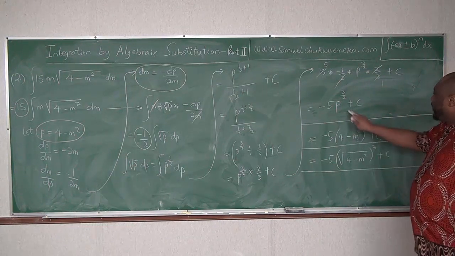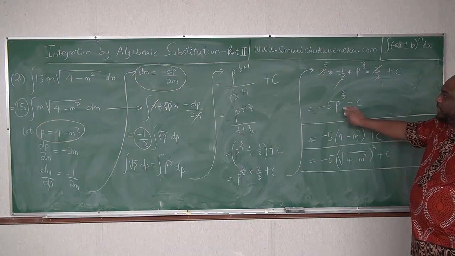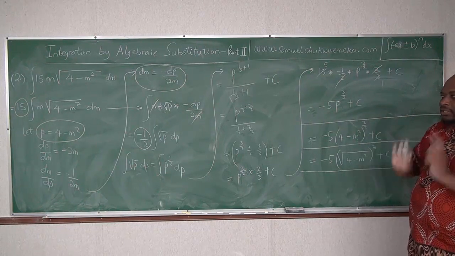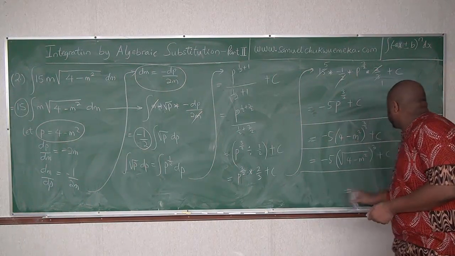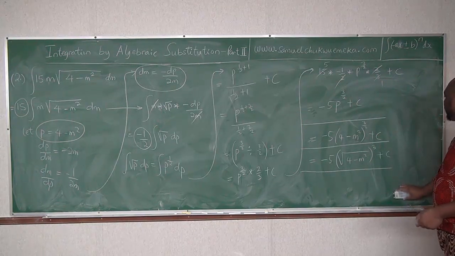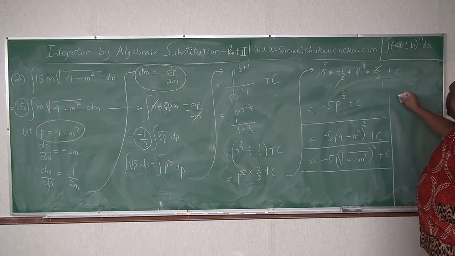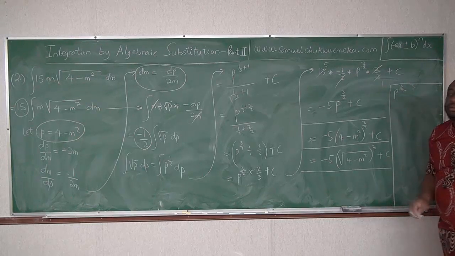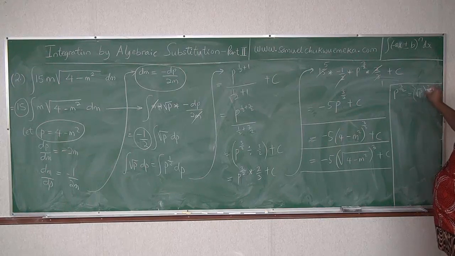Now, I don't like working with big radicals. So let me come back to this p to the 3 over 2, simplify it, then I substitute. p exponent 3 over 2 is square root of p all cubed.